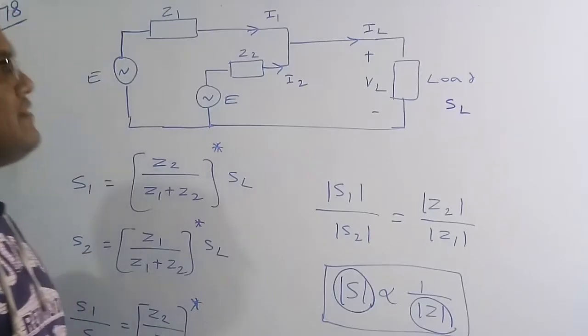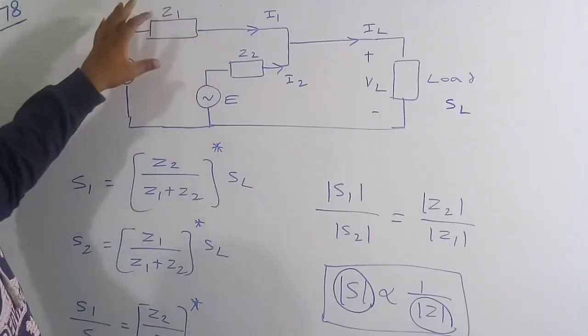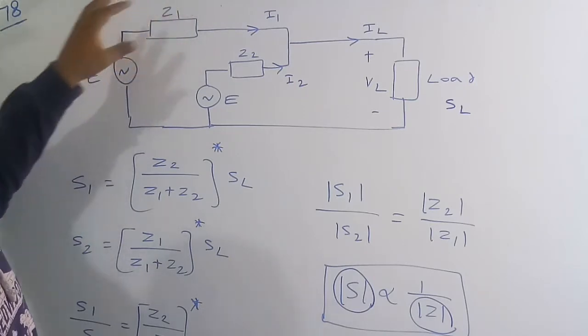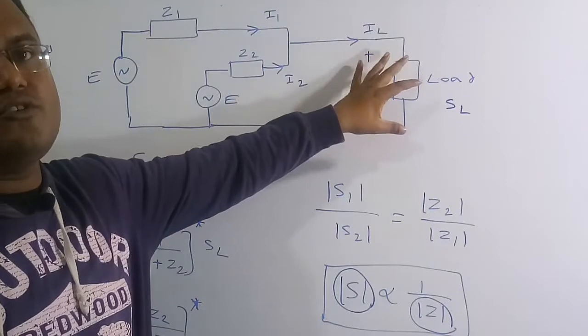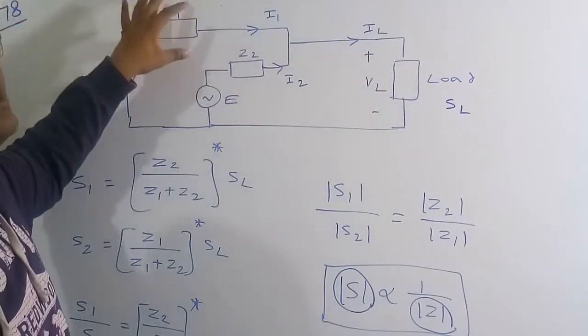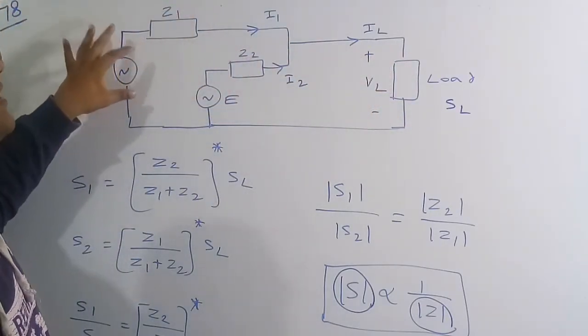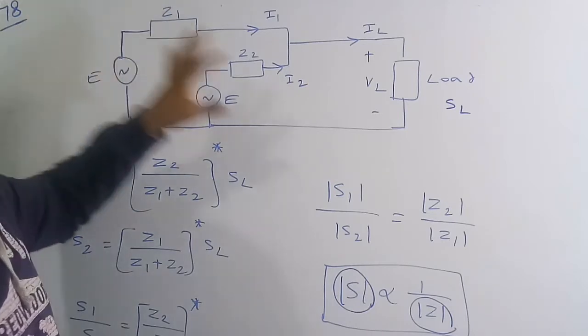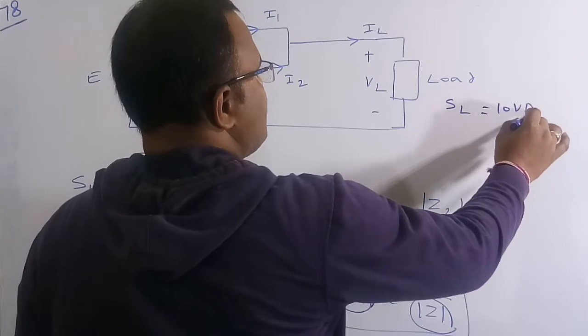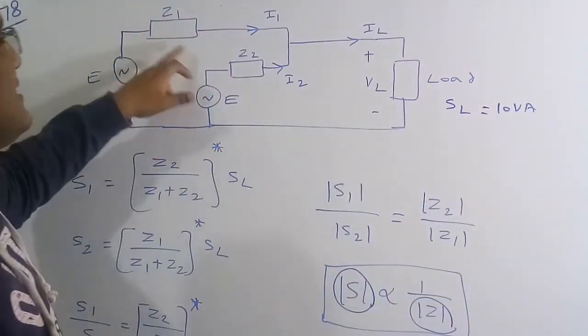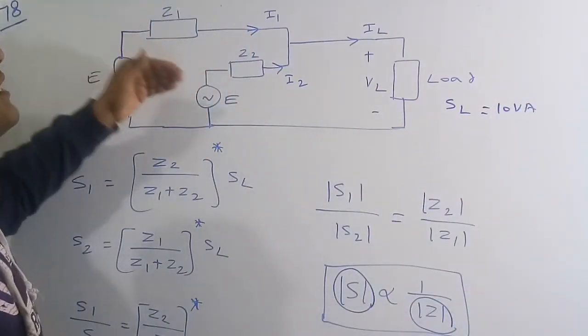Suppose this transformer has minimum impedance, then this transformer can share the maximum amount of complex power to the load. If its impedance is higher, it can share only a small amount of power to the load. Suppose the example is 10 VA that we want from here. Suppose Z1 is lesser than Z2, then it can share the maximum compared to the second one.